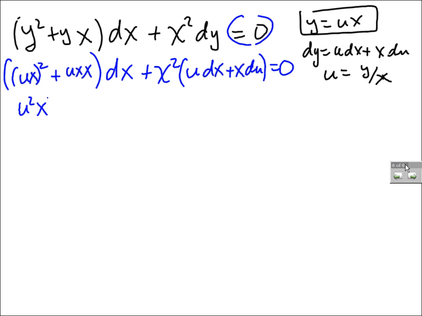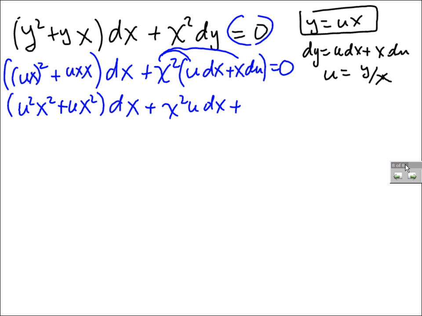U squared x squared plus u times x times x dx plus x squared u dx plus x squared times x is x cubed du. And this equals 0. This is dx and that's dx.